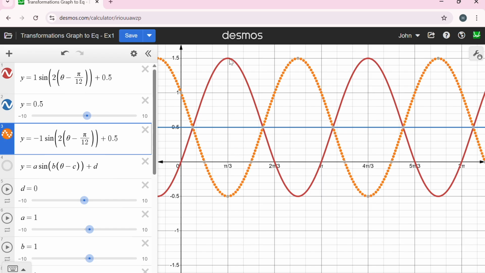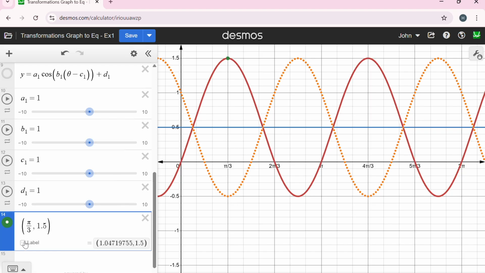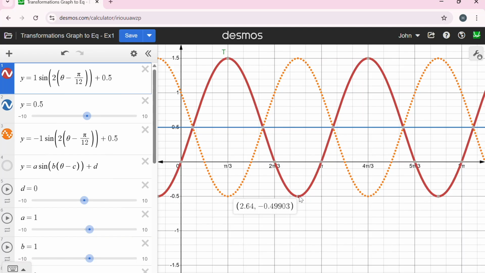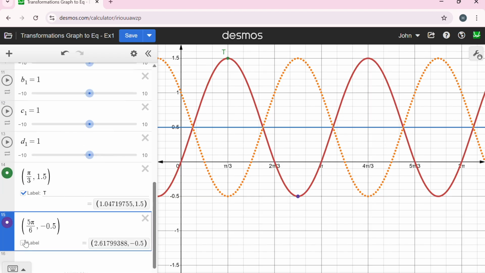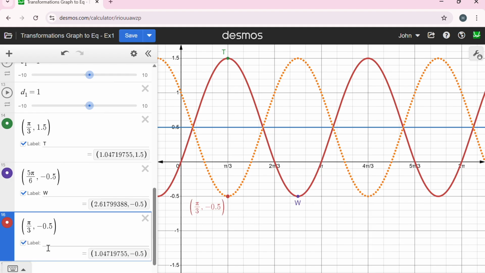If I start with point T, I'm going to label that as T, and then I'm going to label this value as W. What new points did we create? So this one right here, I'm going to label as T prime.